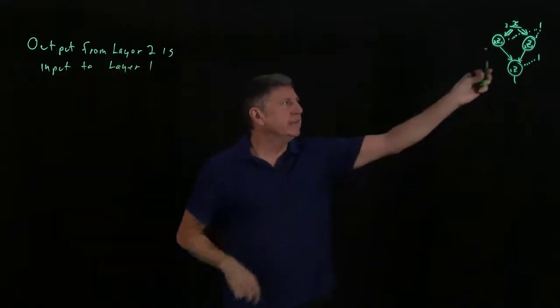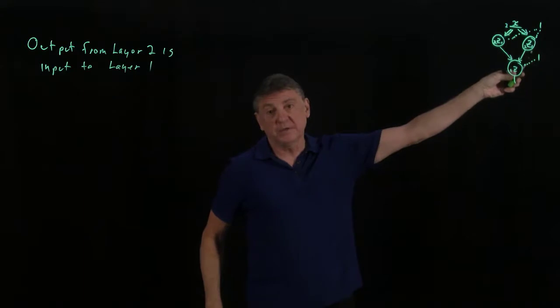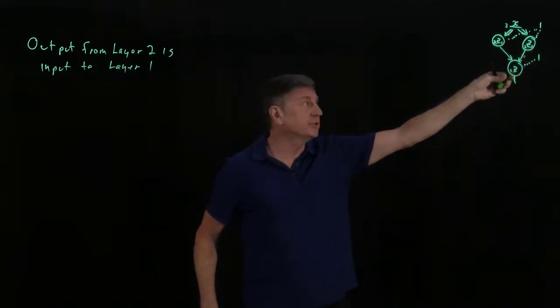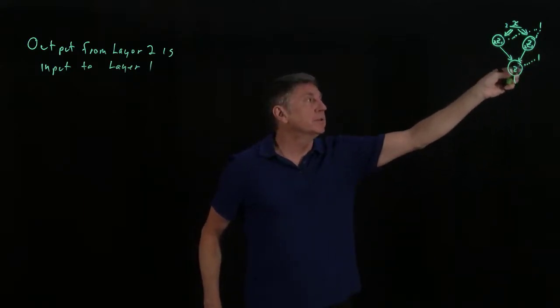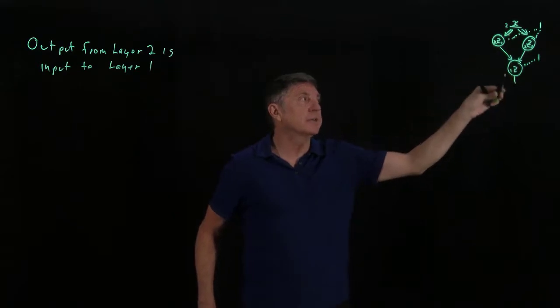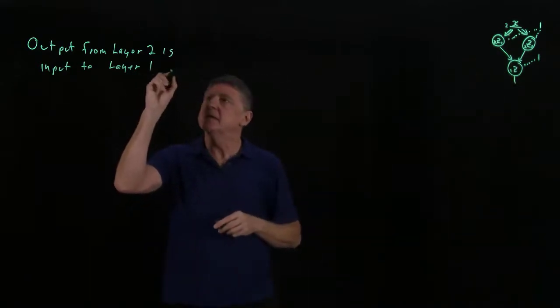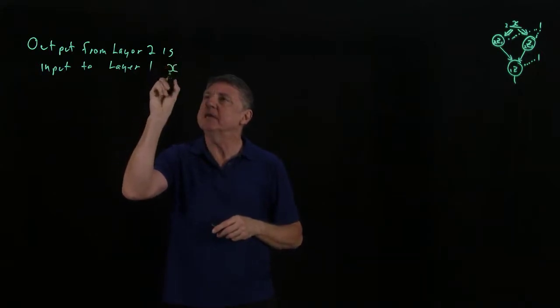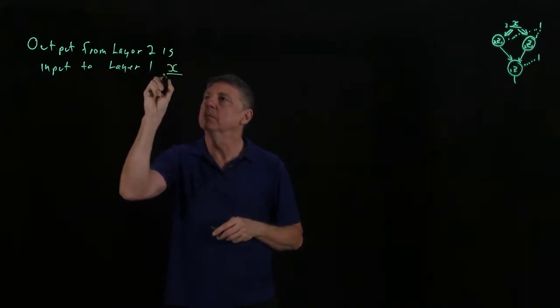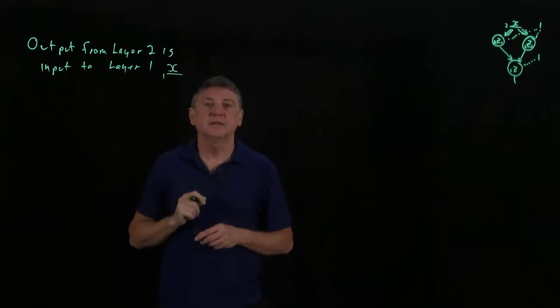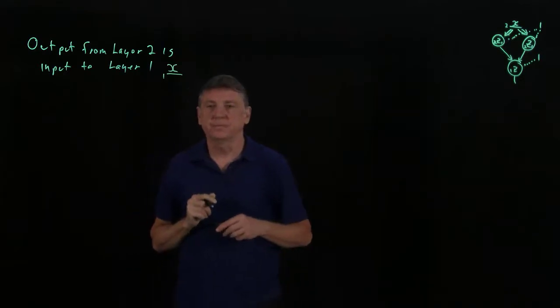That is, these outputs, and then we always have to append the 1 to handle the bias term, these outputs of these neurons are the inputs to that neuron. So that input is what we'll write as, that'll be a 1 form that's going into layer 1.